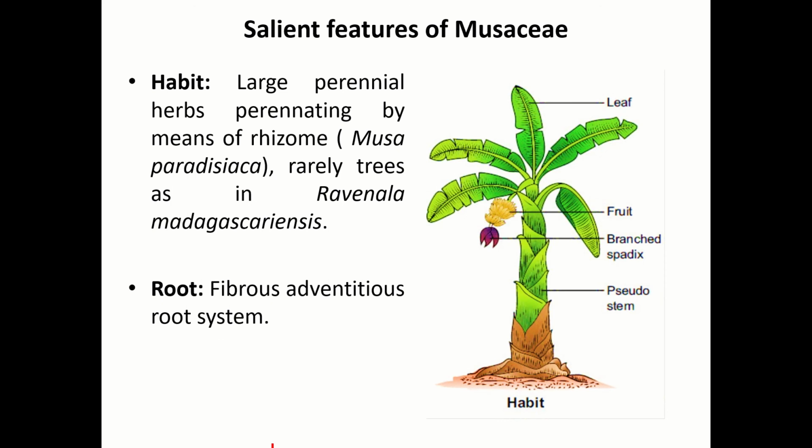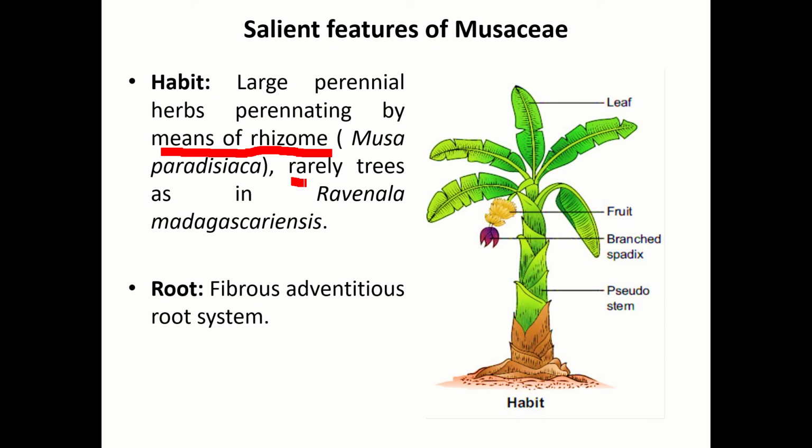Now let's come to the salient features. To start with habit, it's a large perennial herb perennating by means of rhizome. That means it propagates by means of rhizome. Rarely you will find a tree in this family.